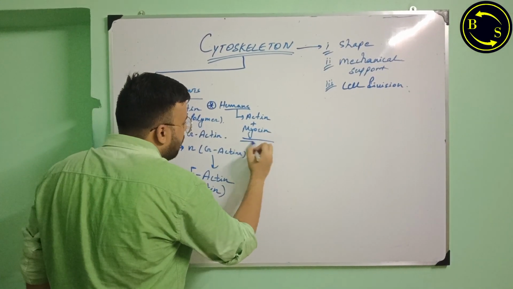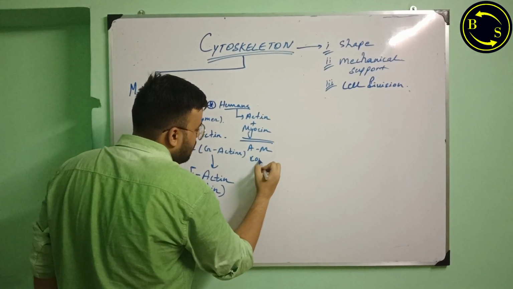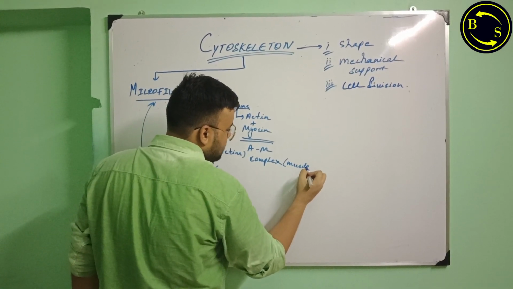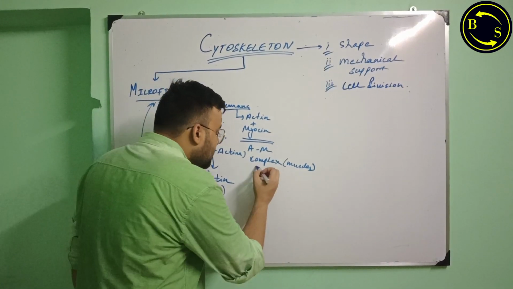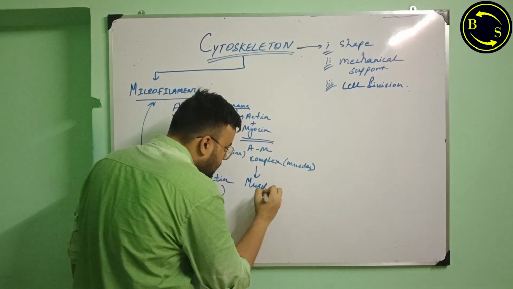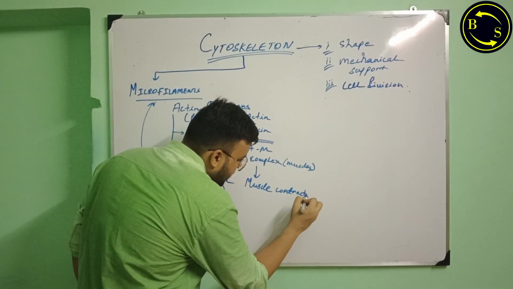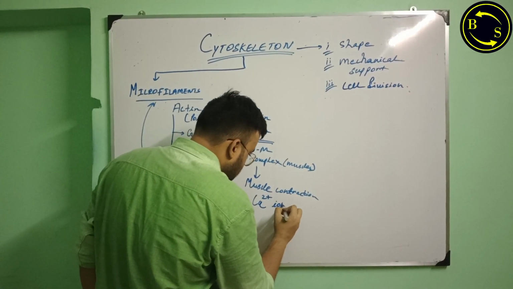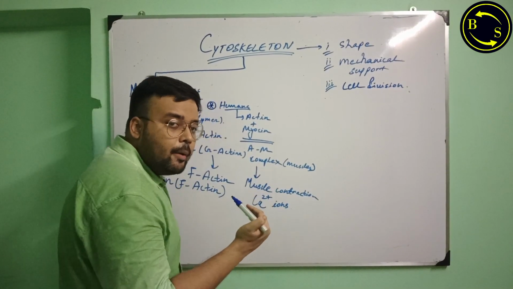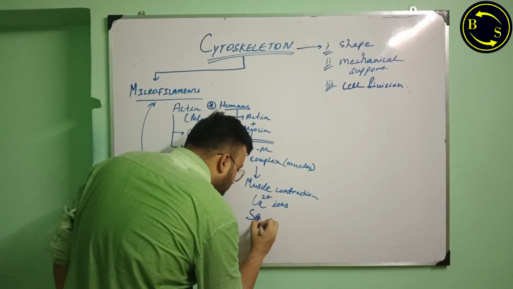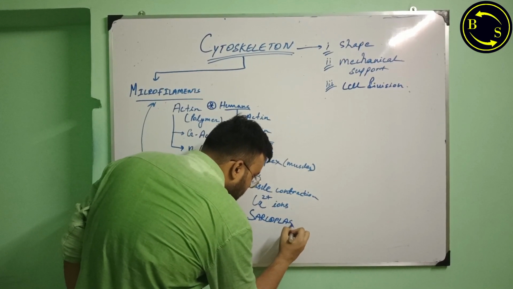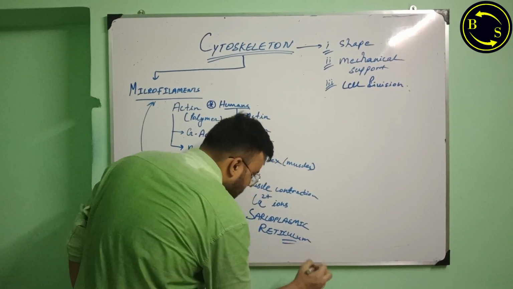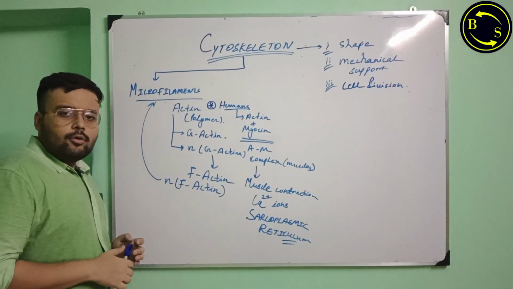Now this actin-myosin complex is present in our muscles, and it helps in muscle contraction by incorporating calcium ions in the endoplasmic reticulum of the muscle cells known as the sarcoplasmic reticulum. So this is all we need to know about the microfilaments.